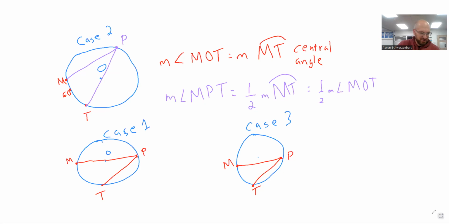So I'm going to start with the proof. So I'll start with my circle because I'm going to need to label things on my diagram. I've got over here M and T, and right here P. Okay.